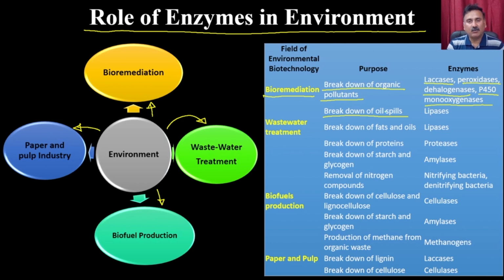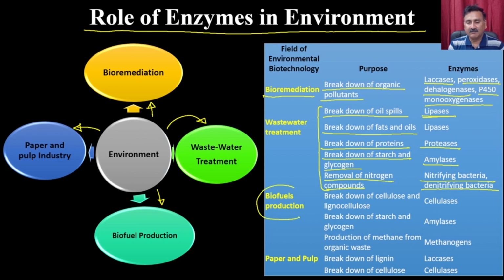The breakdown of oil spillages is done by lipases. In wastewater treatment, you can have the breakdown of fats and oils, proteins, starch and glycogen, and removal of nitrogenous compounds, all catalyzed by different types of enzymes such as lipases, proteases, amylases, and nitrifying or denitrifying bacteria.